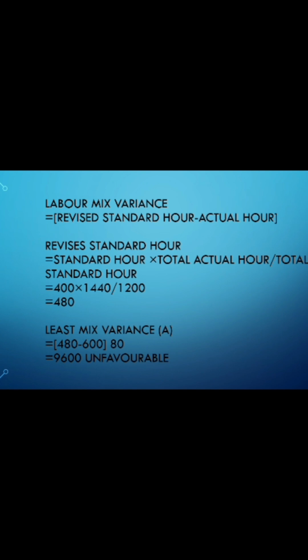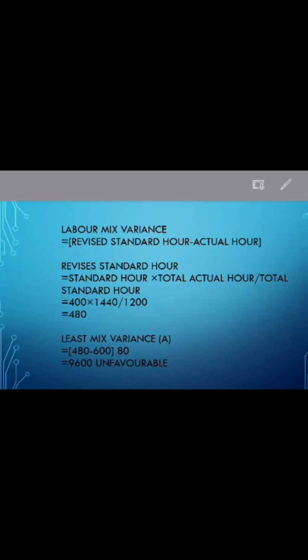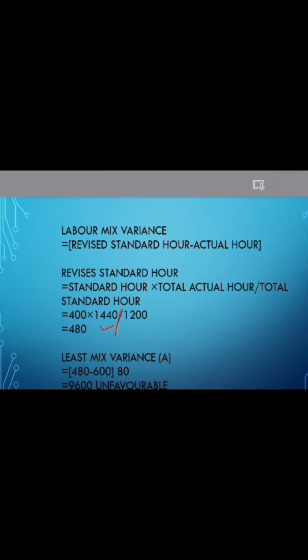By using this, we have to calculate only the labor mix variance. Labor mix variance means revised standard hour minus actual hour. Here the revised standard hour is equal to standard hour into total actual hour divided by total standard hour. So standard hour 400 into total actual hour 1440, which is divided by 1200, and here we will get 480.